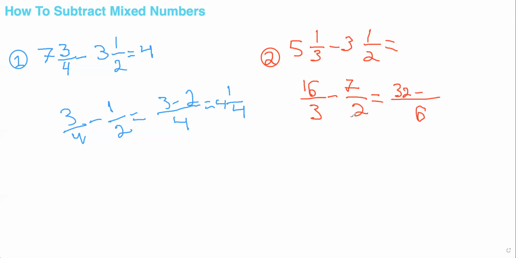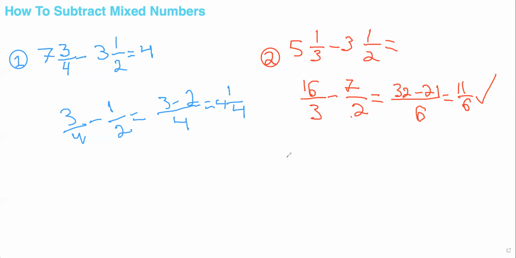And 6 divided by 2 will give you 3, and 3 times 7 will give you 21. So 32 minus 21 will give you 11, and you want to leave the common denominator the same. So our final answer will be 11 over 6.